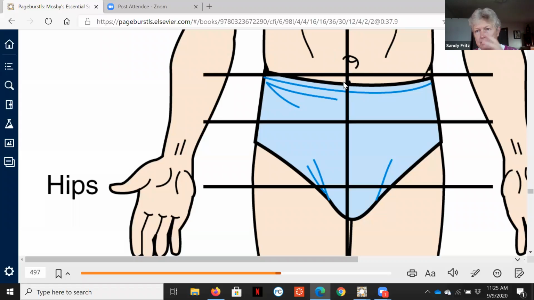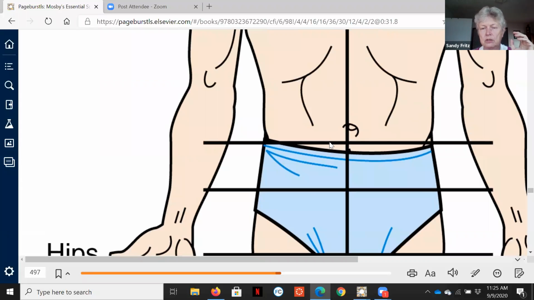There's a lot of movement here between these two areas for flexion and extension, but combined rotation is allowed, as well as lateral flexion, which is confusing, but means side to side, which would be more in the frontal plane.